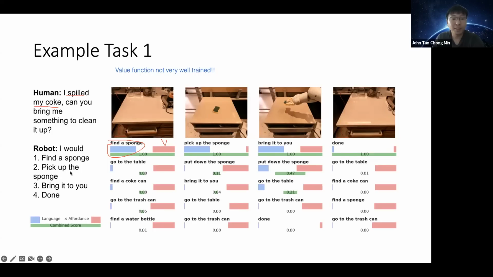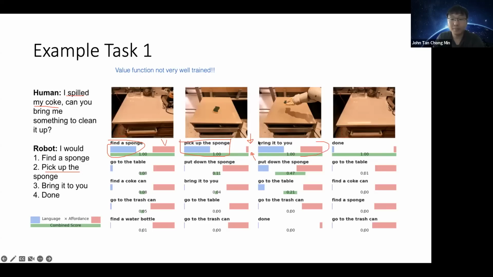Next, pick up the sponge. So the language model also predicted it correctly. Pick up the sponge is correct. Okay, but over here you can see that this value function is very low. So this kind of means that there's very low affordance, and luckily for this case, the language model outweighs it and it does it correctly.